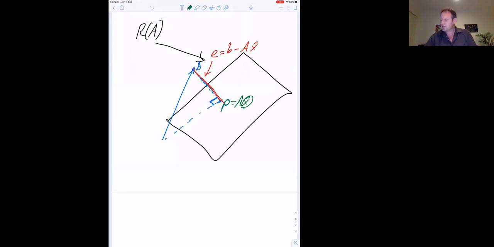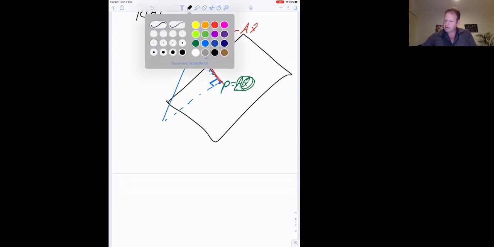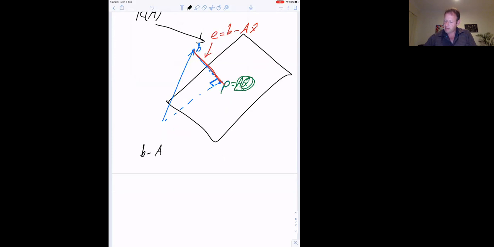Now we're going to find some linear combination of the columns of A. So we get A x hat, and that's P, and P is in the column space of A. So we want the error, B minus A x hat, to be orthogonal to anything that's spanned by the columns of A.